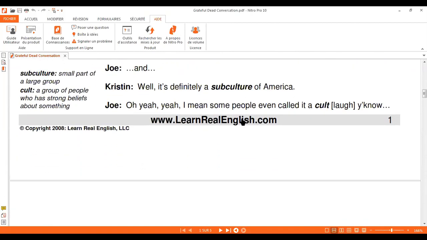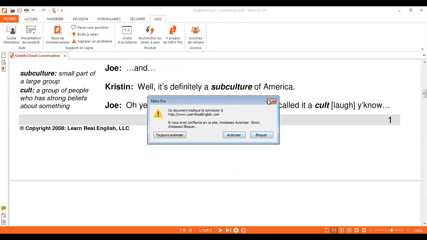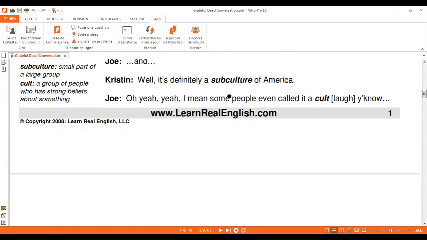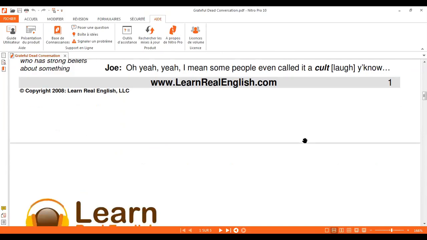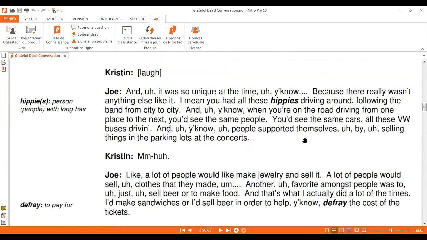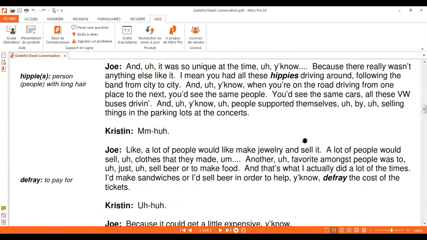And well, it's definitely a subculture of America. Oh yeah. Some people even called it a cult. And it was so unique at the time, because there really wasn't anything else like it.